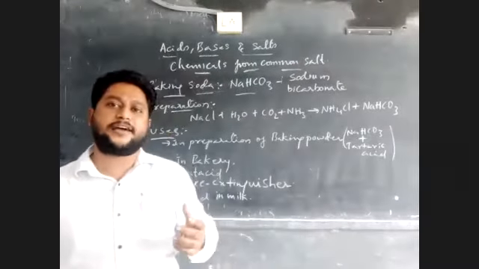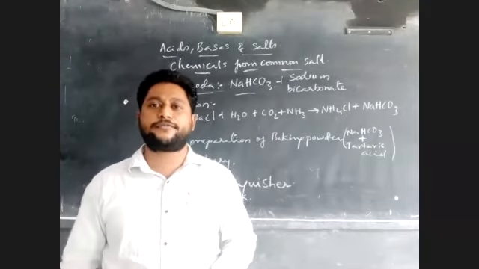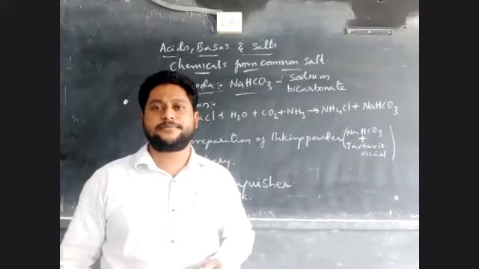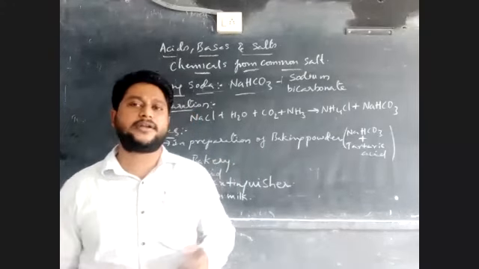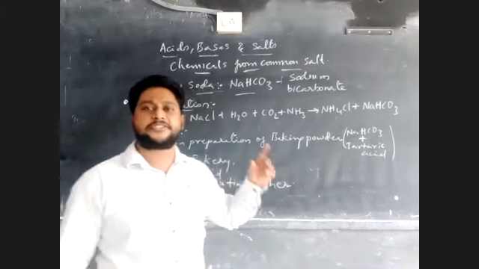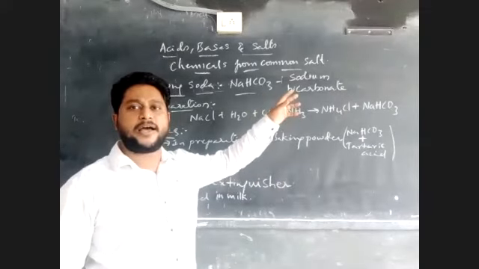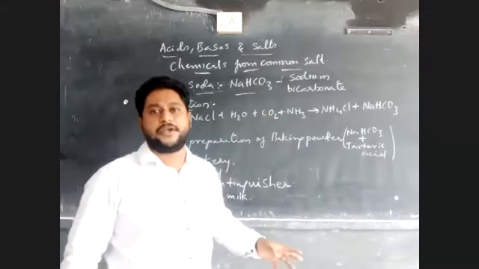The next thing, we have observed the preparation of bleaching powder, that is CaOCl2, and then the preparation and uses of baking soda and its formula.